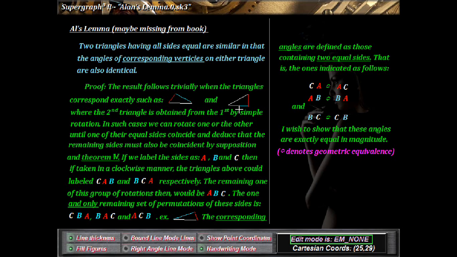And this angle, blue and red, corresponds to this angle. So the correspondence is same color. And I've indicated all the corresponding sides. They have the same letters, right? So BC and CB, or AB and BA.